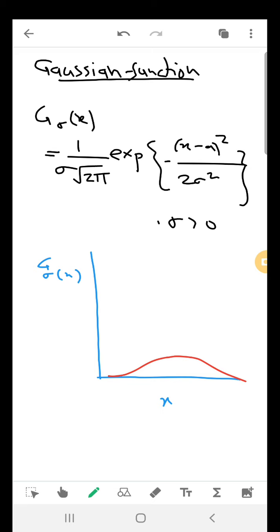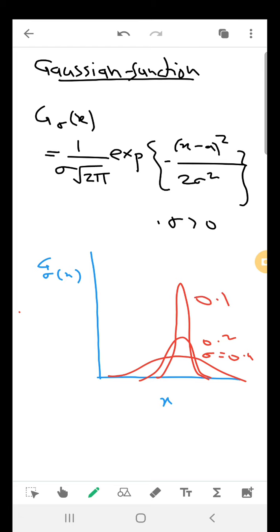This is for sigma 0.4, this is for 0.2, and the steepest one is for 0.1.